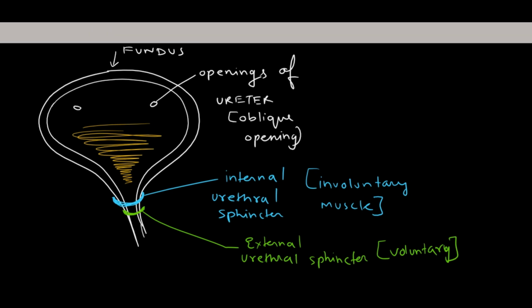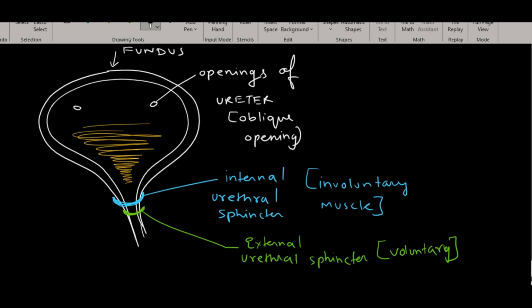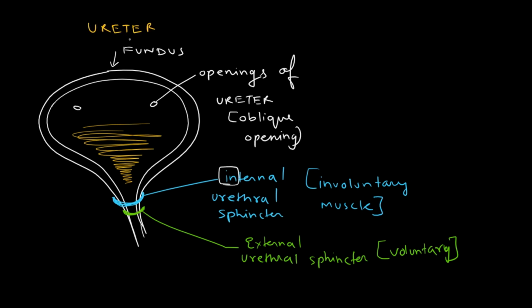So from the remembering point of view, you can just remember IN internal and IN involuntary. So this will be easier to memorize. Just remember both muscles are different. One is voluntary, one is involuntary. Voluntary gives you the control to release the urine at your will.